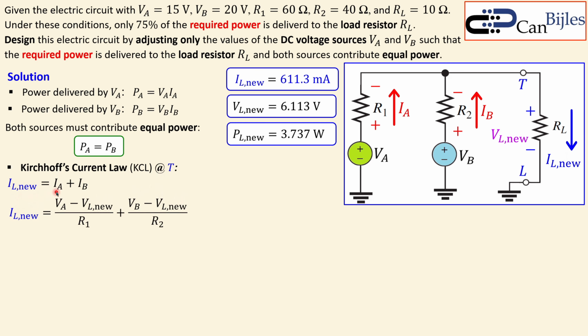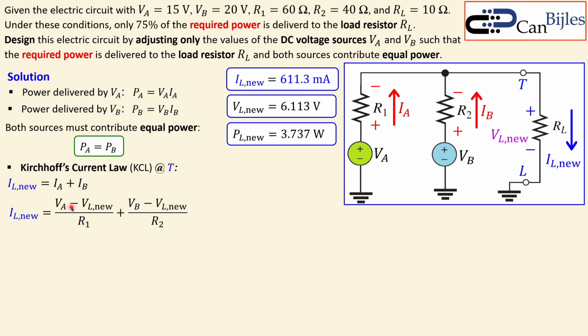Now we can expand this equation, the Kirchhoff current law at node T, and write down the IA and IB in terms of voltages and resistors, because that will help us in order to calculate the rest of the parameters. VA we don't know, that is actually a new VA, so this VA of 15 volts I cannot use anymore, so that will be a new VA, and this new VB will be also calculated.